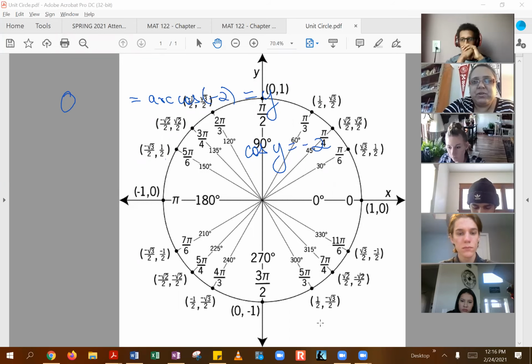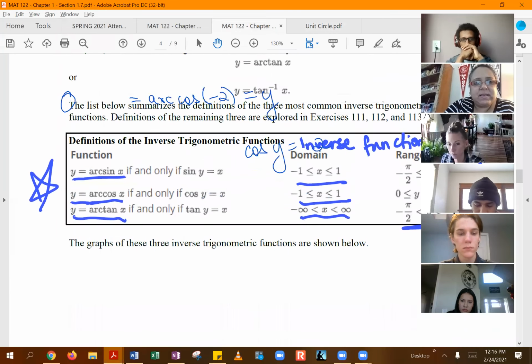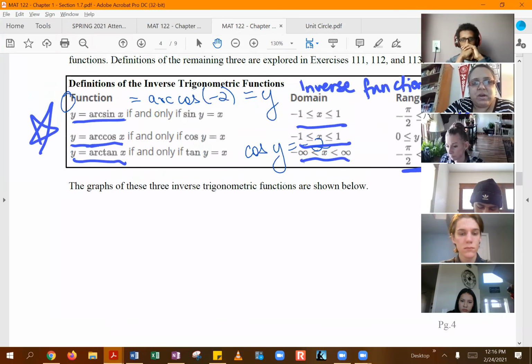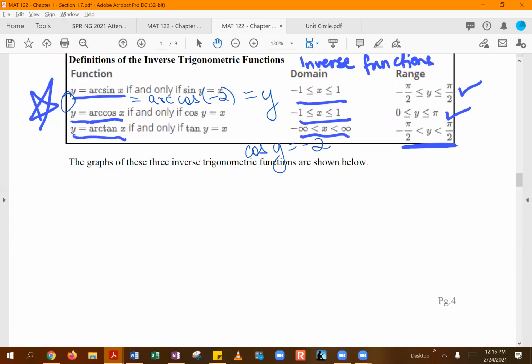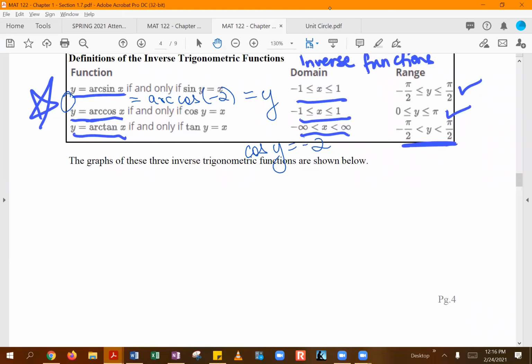And again, as you're looking at this, look at the domain and range restrictions for the arc cosine function also, because that will also help guide you through your answers. Arc cosine, your domain goes from -1 to +1, and your range goes from 0 to pi.